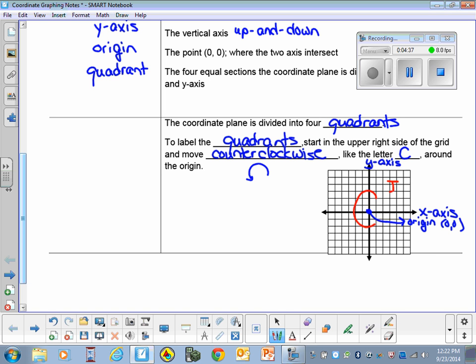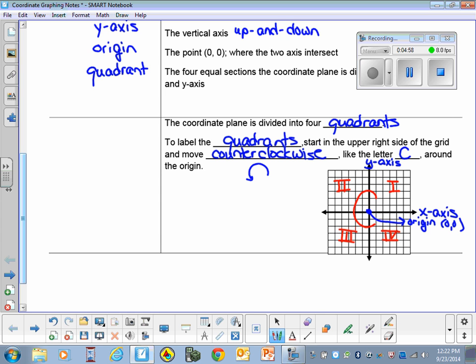I start in quadrant 1, following my C. This is quadrant 2, quadrant 3, and quadrant 4. It's important to know that for quadrants, we use Roman numerals. So the I, II, III, and IV.